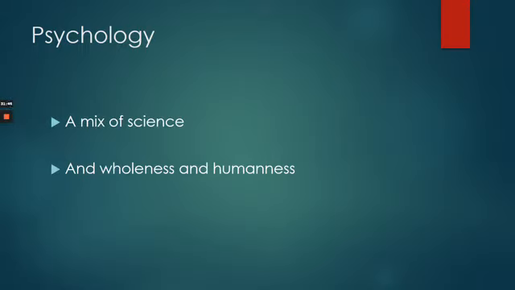So we have the scientific method, and that's how we understand people. That's how we understand things such as what therapeutic techniques work best with certain people, with certain problems. But we also have the beauty of psychology being that we can understand human beings, our humanness, our wholeness.